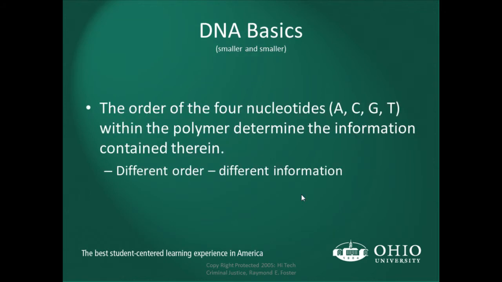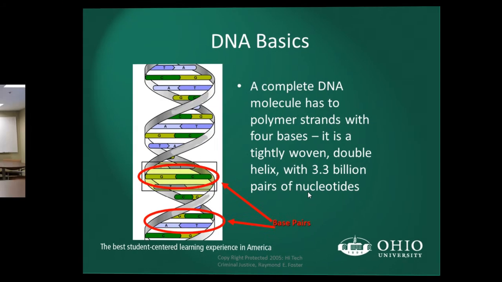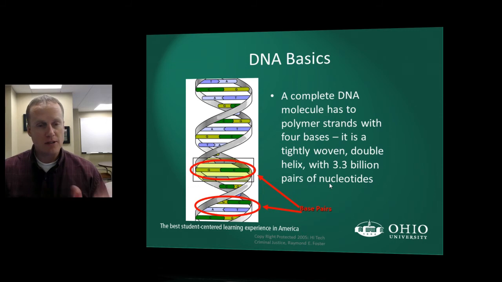The order of the 4 nucleotides, adenine, cytosine, guanine, thymine, within the polymer determines the information contained therein. So different ordering of the pairs will determine the different information that is kept in that particular DNA strand. And so you can see that the shape of the strand is a double helix. It's a spiral type shape. The complete DNA molecule has a polymer strand with 4 bases.